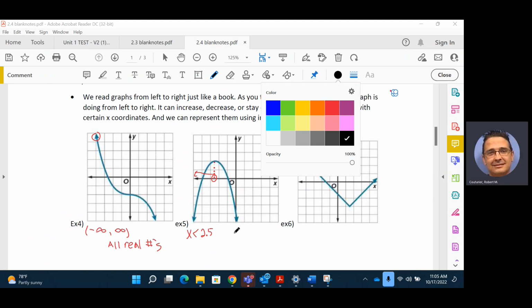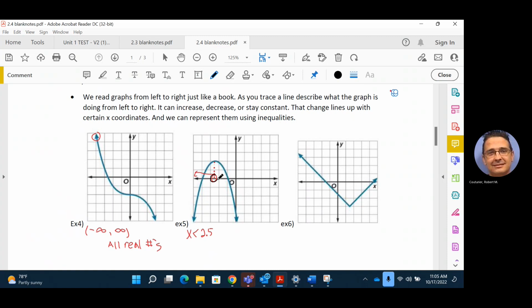So for this one, it's decreasing for any number of x that is greater than, see how the arrow points that way, greater than 2.5.